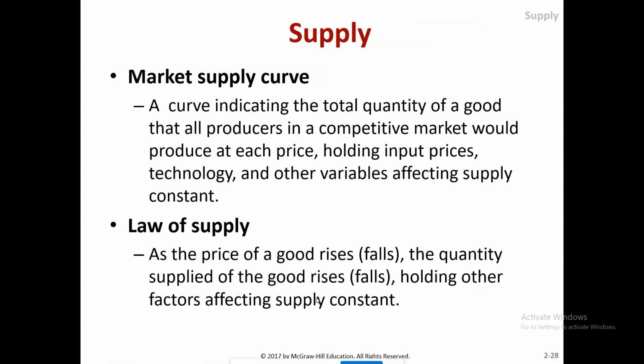Now, let's switch to the other side of the market, which is the supply. Market supply is a curve, a graphical expression that indicates the total quantity of a good that all producers in a competitive market are willing to produce at each price level, holding other variables unchanged, such as input price and technology.